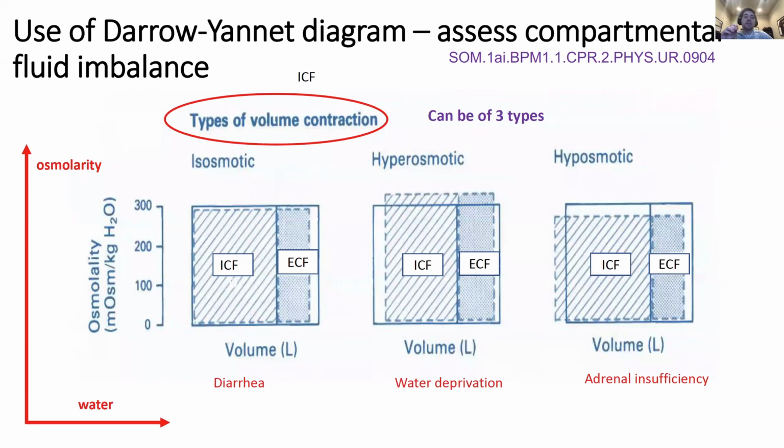I think this is how this works. The aldosterone is not going to work. So you're going to pee out a lot of fluid, and you're going to pee out a lot of sodium. So remember that aldosterone pump has to do with potassium and sodium. So if you can't get aldosterone, you're going to be peeing out a lot of sodium and water, but at the same time, you're holding on to potassium.